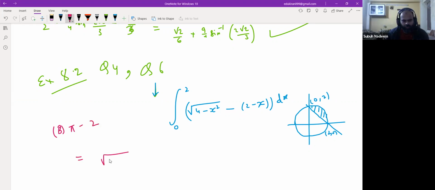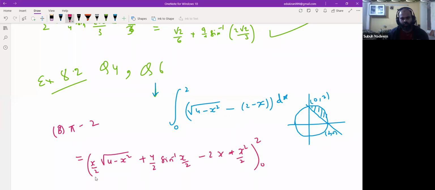So you will get root over 4 minus x square into x by 2 plus 4 by 2 sine inverse of x by 2 minus 2x plus x square by 2, from 0 to 2. Just put the limit.